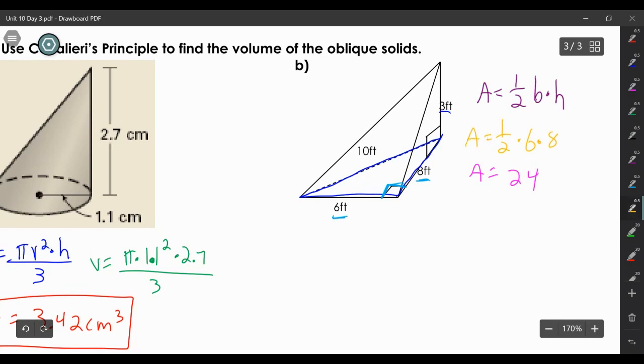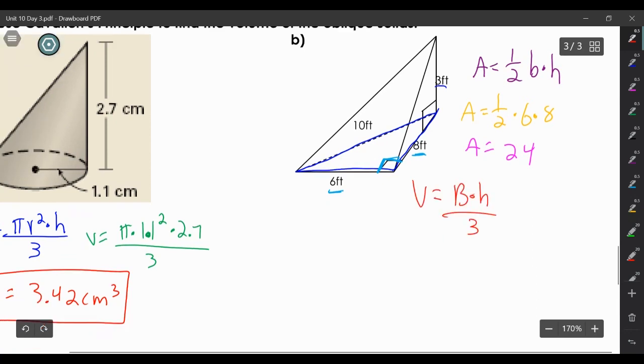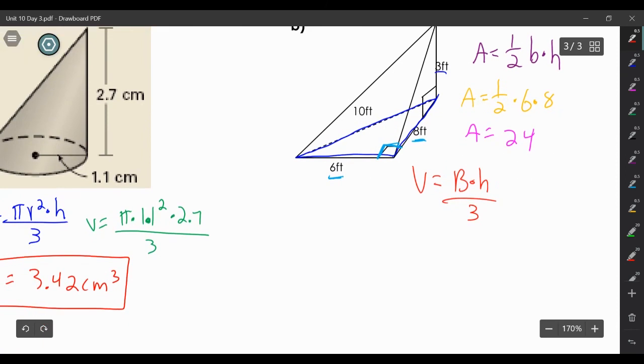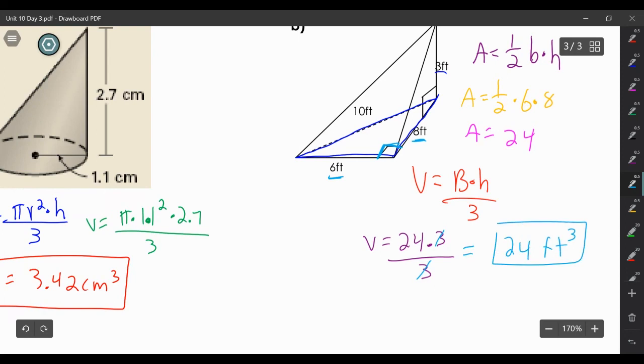Now that we know the area of the base, we can calculate the volume. And because it's a pyramid, you have to divide by 3. So the volume is going to be 24 times 3 over 3. You could type that in the calculator or realize, hey, a 3 on top and a 3 on bottom cancel, and we get 24 cubic feet.